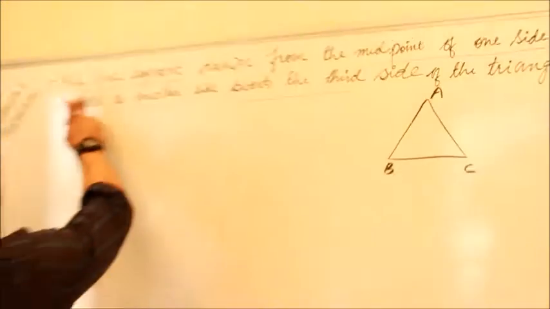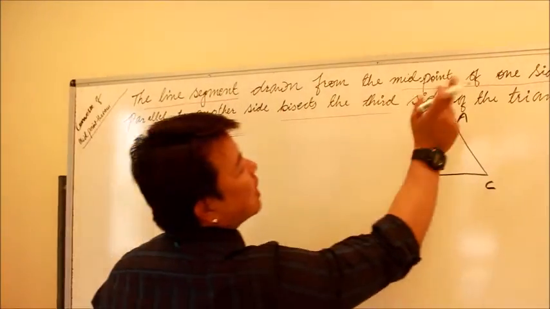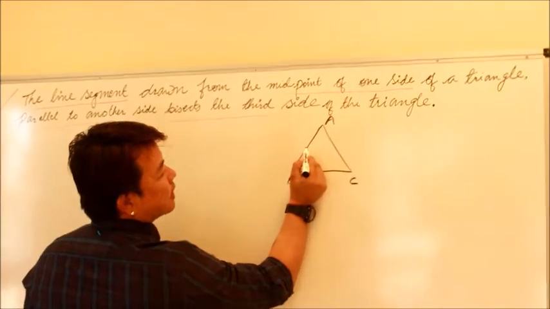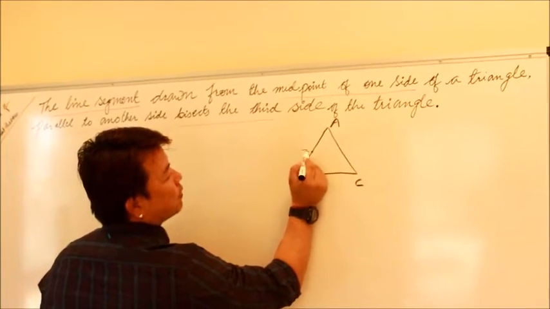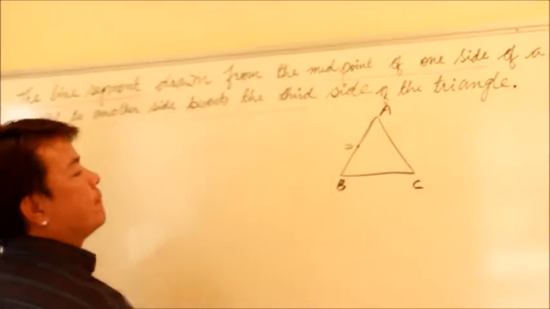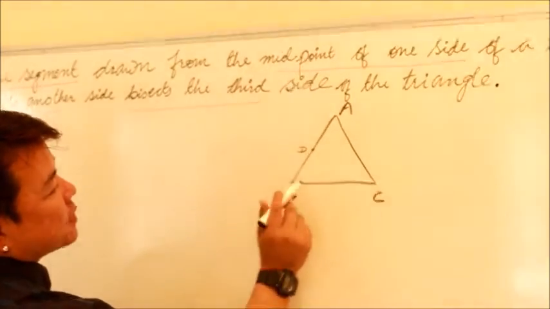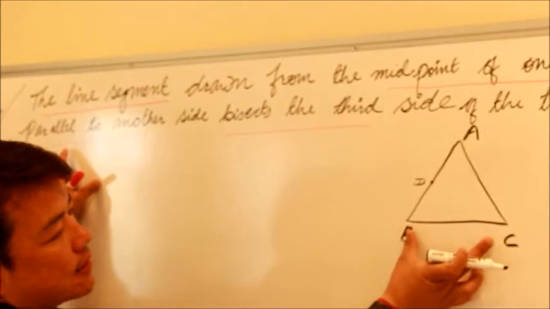And what the question says: the line segment drawn from the midpoint of one side of the triangle. Let's take that side as AB and mark the midpoint as D. The line segment drawn from this midpoint is parallel to another side, let's take BC.